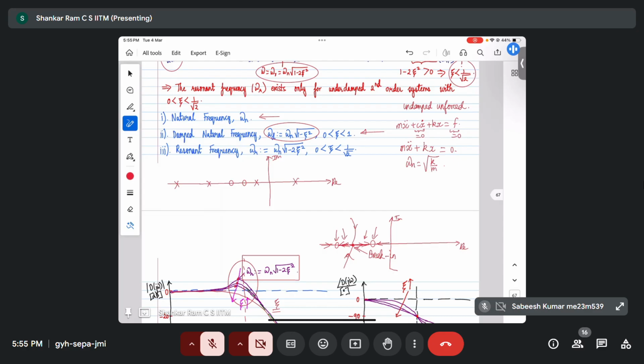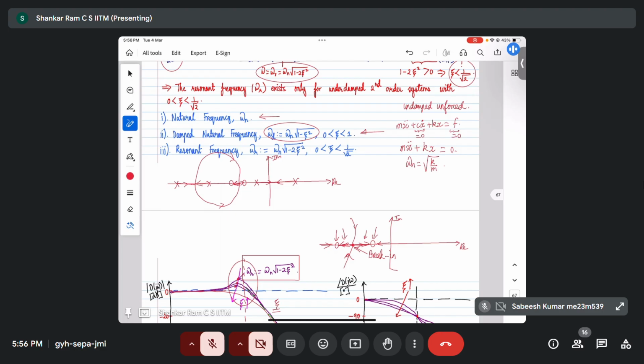Then you may have two branches starting like this. They may hit, then one may come like this and then go in. The exact shape depends on the transfer function. So, Keshav, the exact shape may depend.